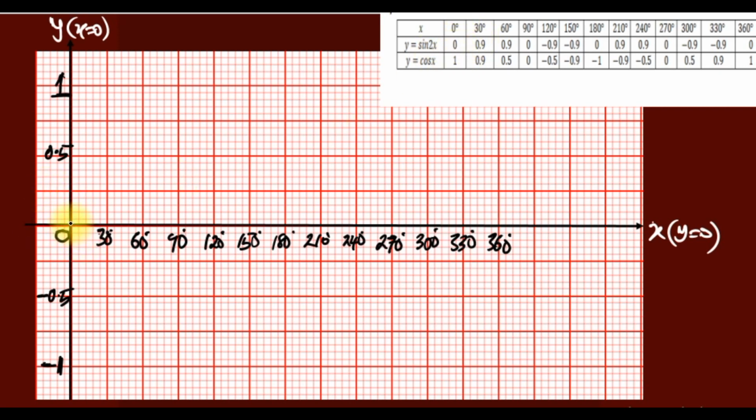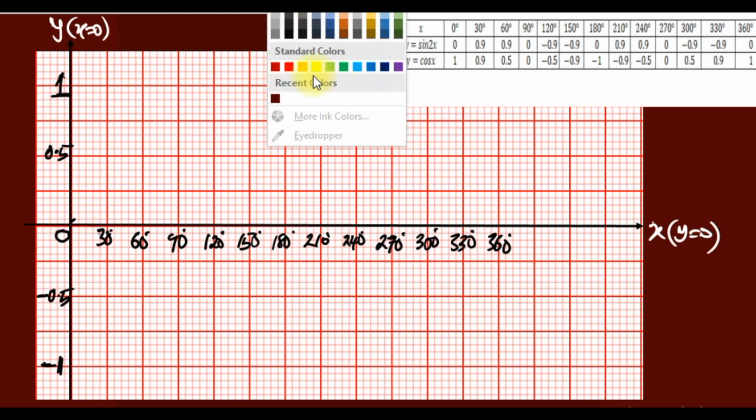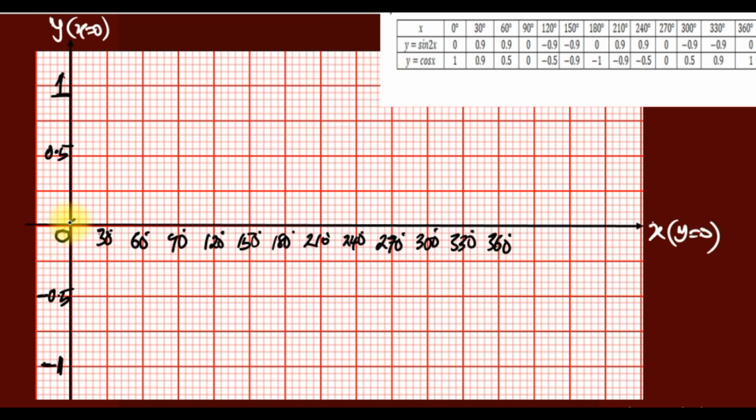So this is the origin. That's the first point. When x is 30, y is 0.9.